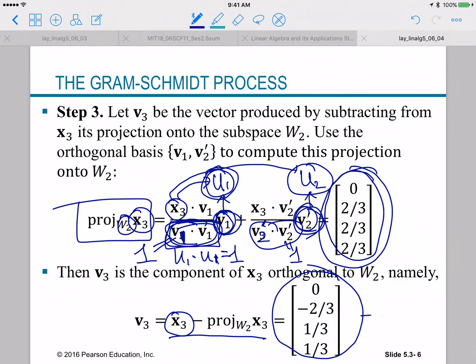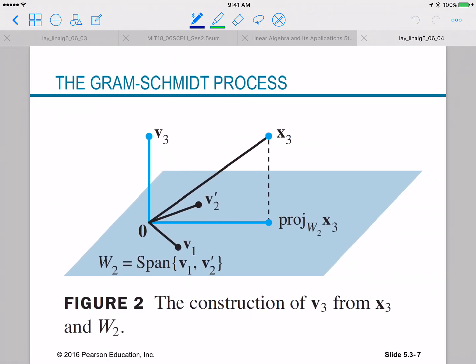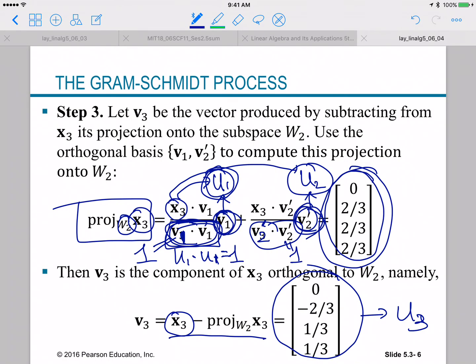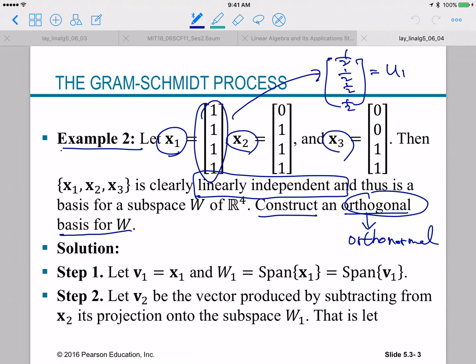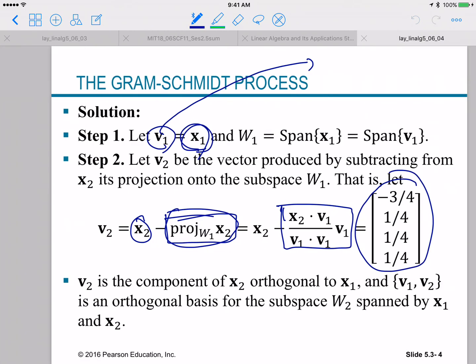We can also normalize it so that its length is 1. That way we obtain the orthonormal basis for the subspace spanned by these initial three vectors.